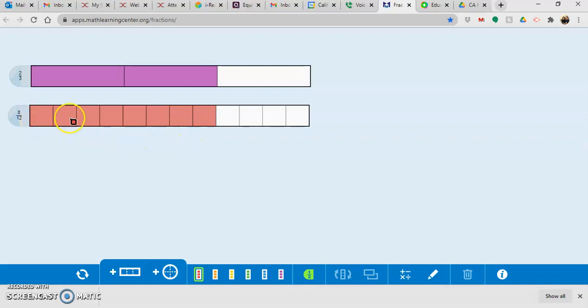So if I fill in 8 out of the 12, it's the same value, it's the same length, it's the same amount as 2/3. It's basically the same number. The only difference is there's a different numerator and denominator for each, but they represent the same value, the same amount.